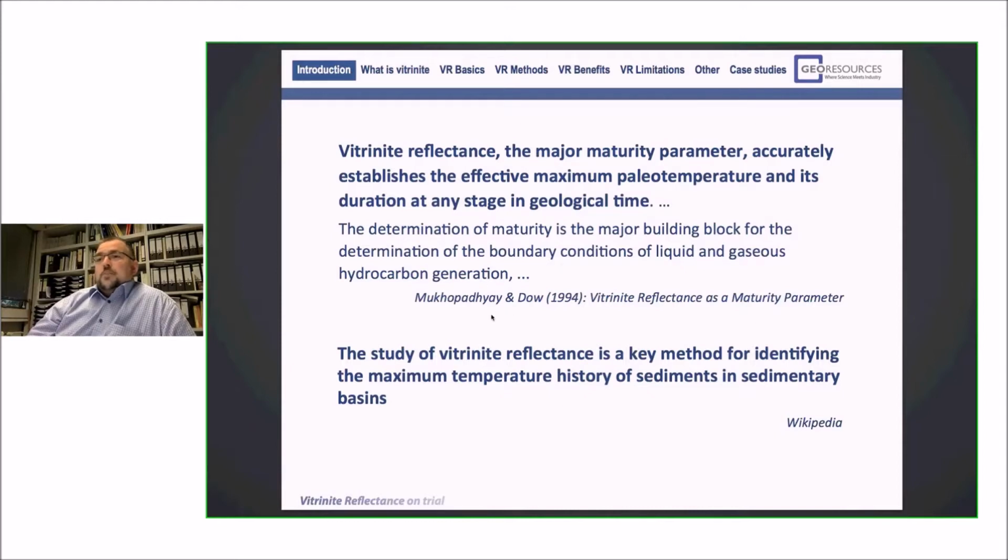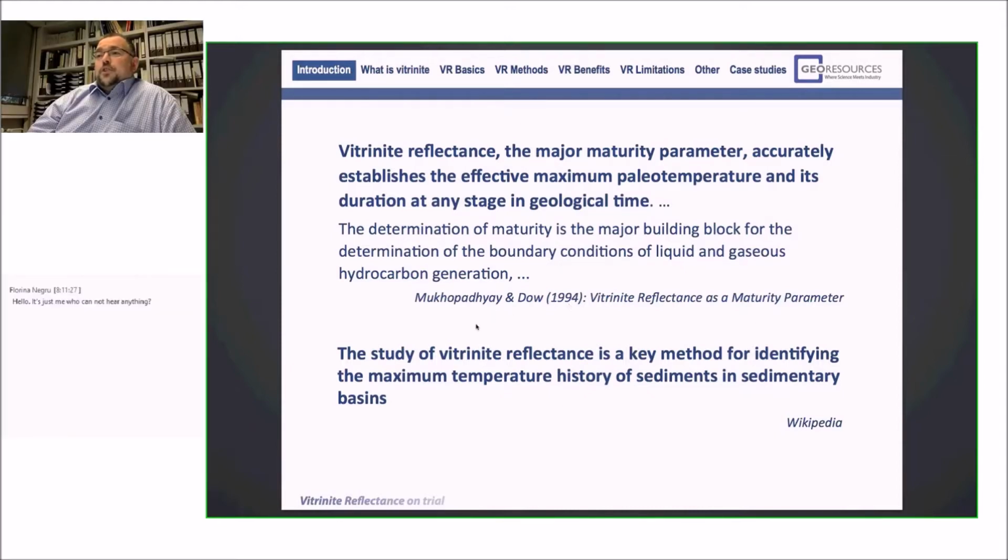It's from the 1994 book, Vitrinite Reflectance as a Maturity Parameter. And even in Wikipedia, it's said that the study of vitrinite reflectance is a key method for identifying the maximum temperature history of sediments in sedimentary basins. And with this, it's also a key method for identifying temperatures in hydrocarbon systems, because they are controlled by the thermal history of the particular basins.